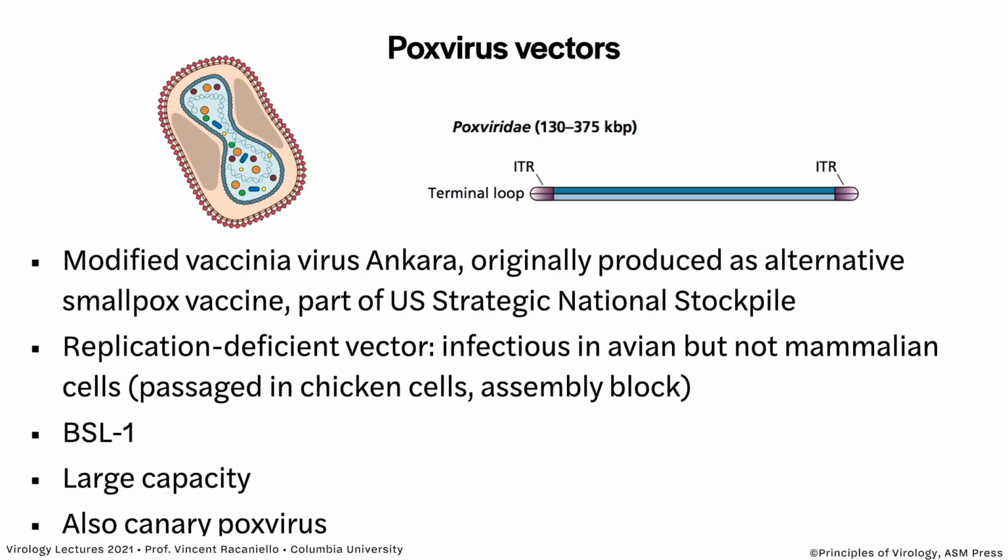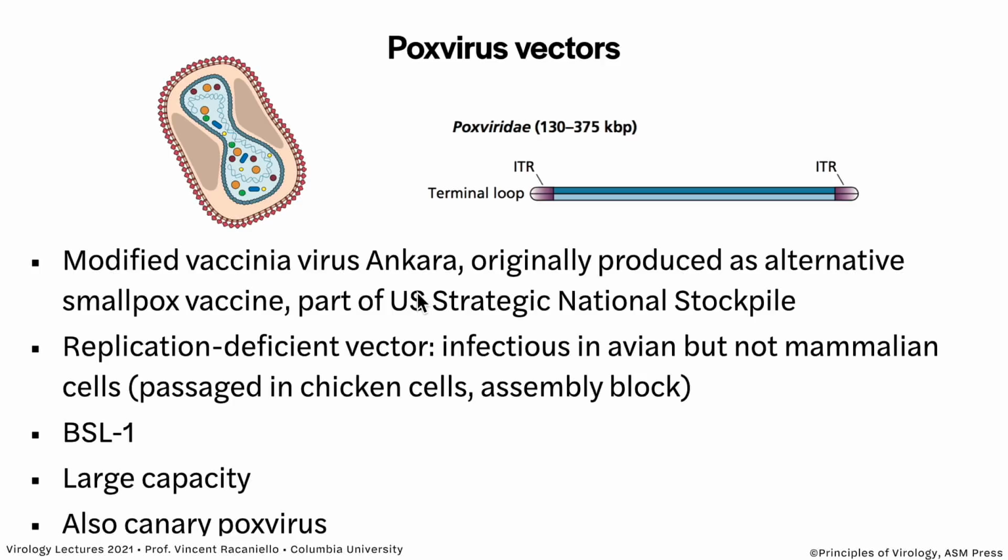They are immunogenic, but they're easy to prepare. And modified Vaccinia Ankara was originally developed to provide an alternative to the smallpox vaccines, which had a lot of side effects. And this is actually one of the vaccines that's stockpiled. What was done was to adapt the virus by serial passage in primary chicken cells.